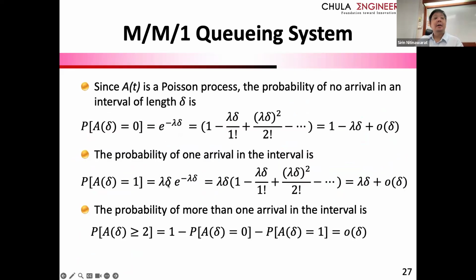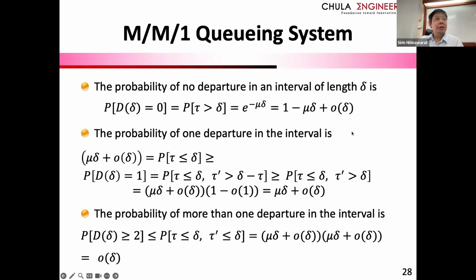Remember, the dominant ones are the probability that there's no action, or if there is any action, there's only one, because delta here is very small. The probability that there will be more than one action is small compared to these other two probabilities, for both arrival and departure.